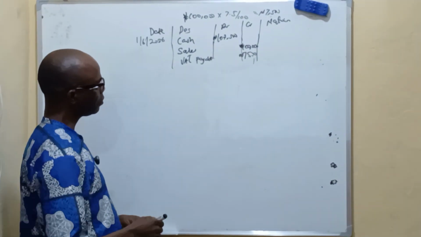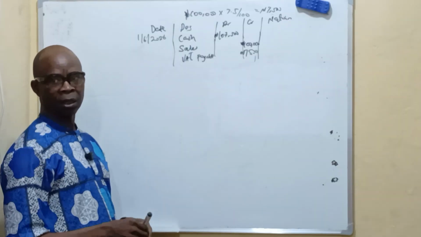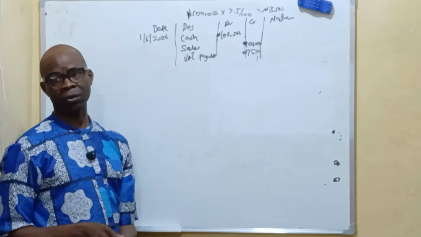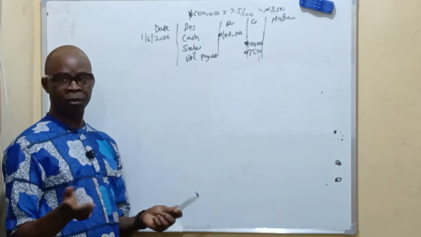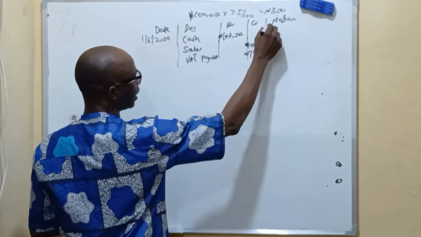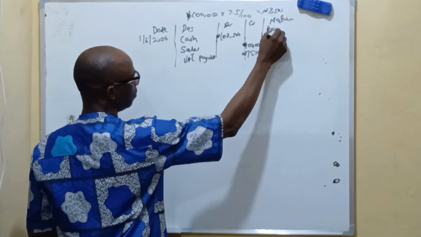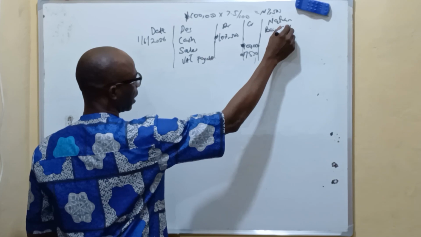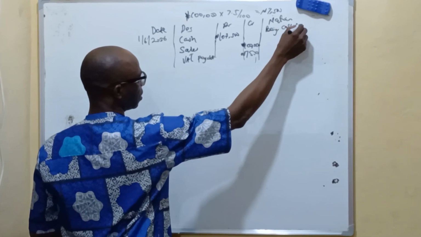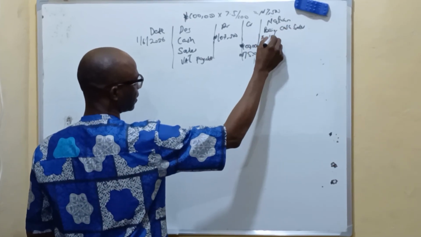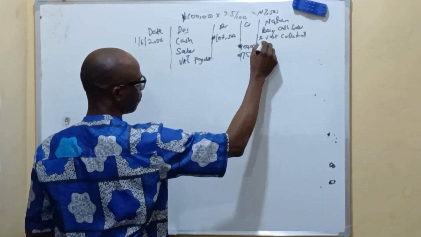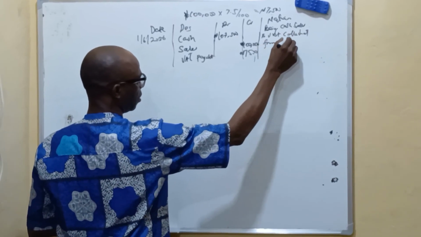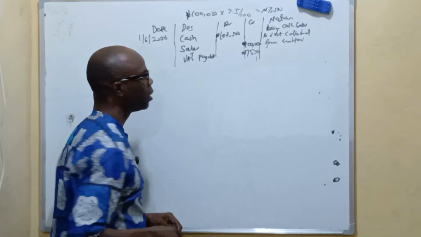This is it. Then you can put a narration. You can say, being cash sales and VAT collected from customer.